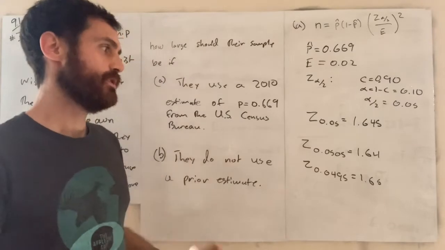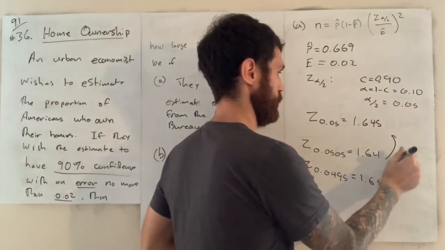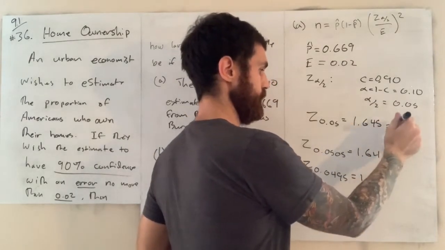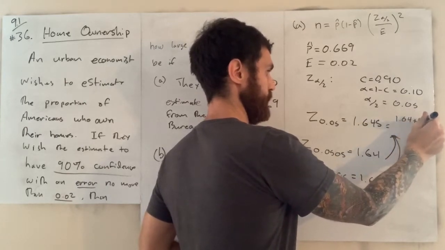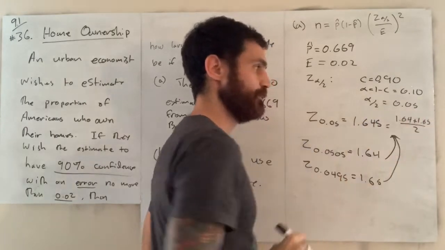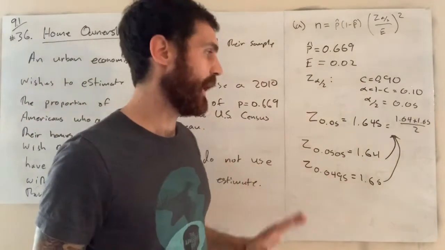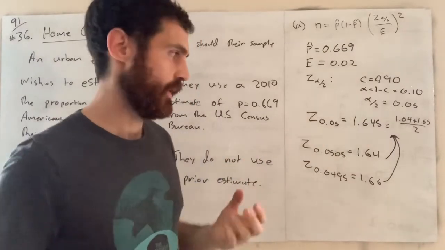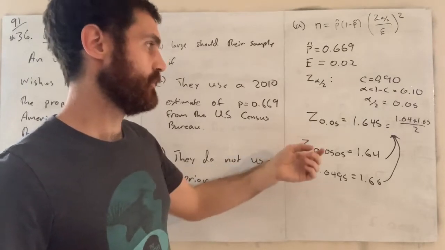So what the book is doing is taking the average of these two, and it's saying you can do it that way. So this is going to be equal to 1.64 plus 1.65 divided by 2. Now, this isn't completely a correct way of doing this, but because these are estimates anyway, that's okay.